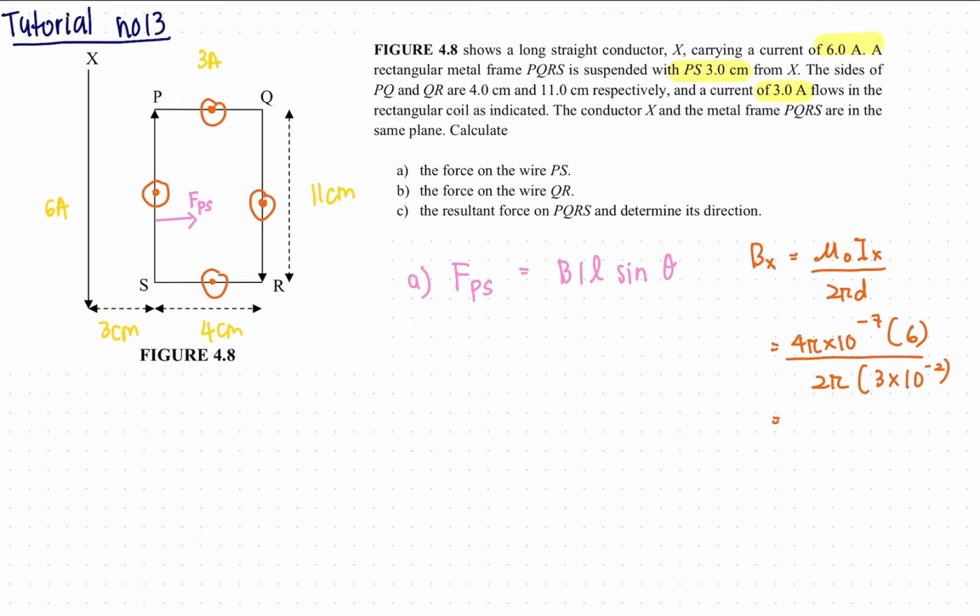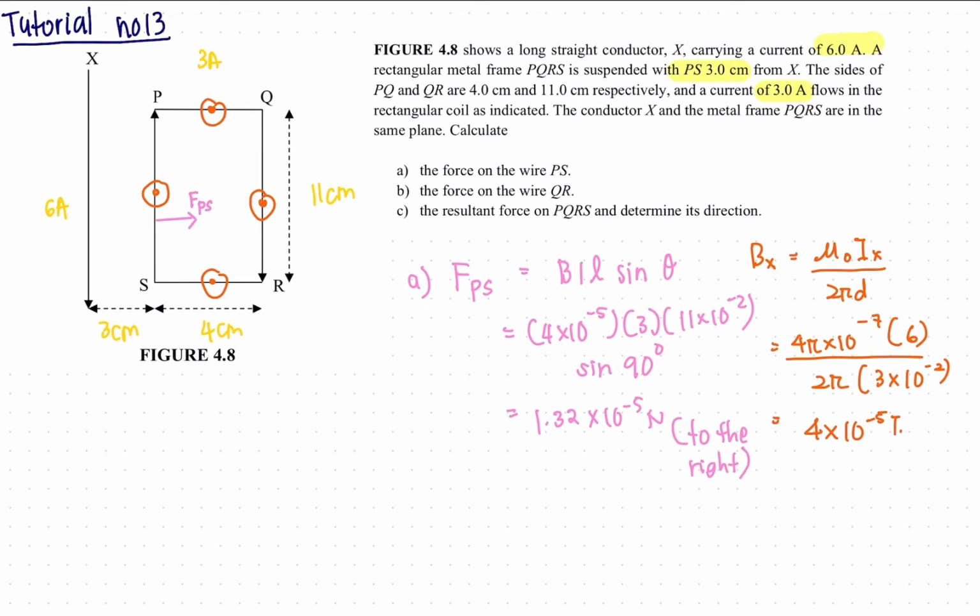So the magnetic field you are going to get is 4 × 10^-5 Tesla. Then we go back to this equation. B is 4 × 10^-5 Tesla. I is the current along PS, which is 3 ampere. Length is 11 cm. So it will be sin 90, because the angle between B and I is 90 degrees. So FPS is going to be 1.32 × 10^-5 Newton. Which direction did we find earlier? To the right.